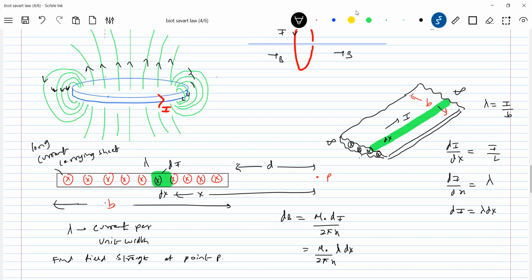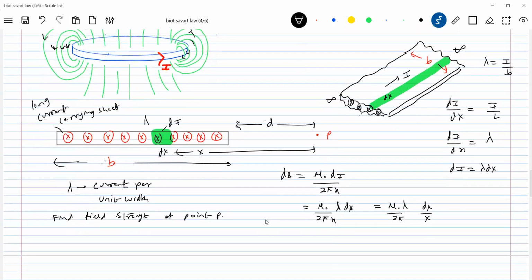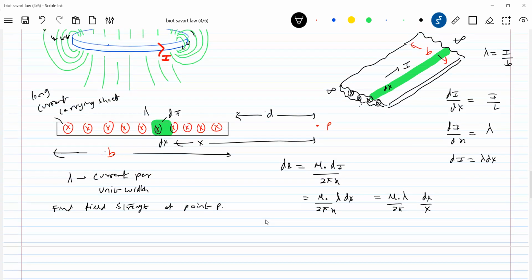Okay, let's substitute: mu naught lambda dx by 2 pi x.